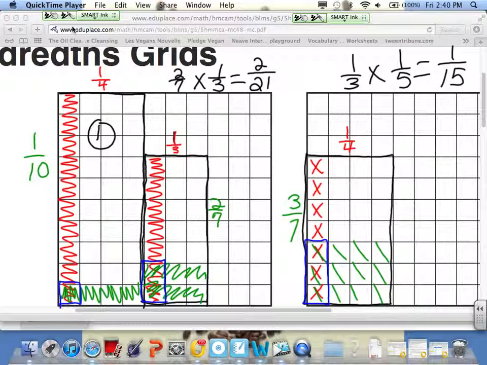So I'm going to go up 5 because I don't feel like turning it over. 1, 2, 5, and over 3. This is the 1/3. So we're doing a different color. This is the 1/5.